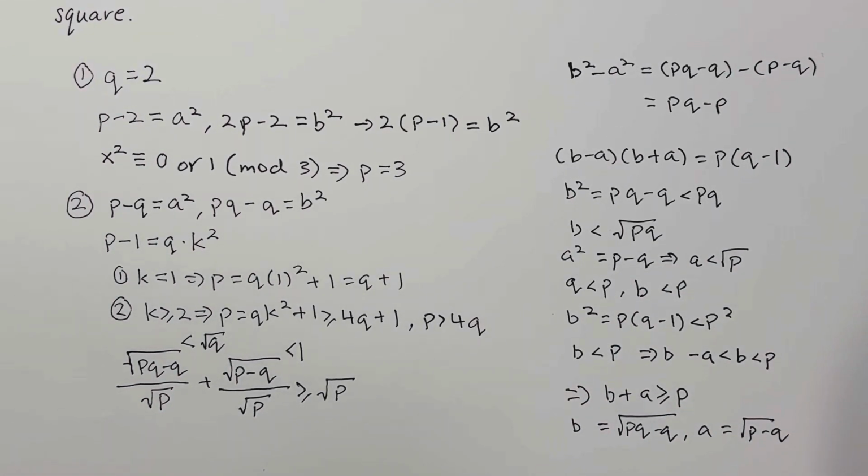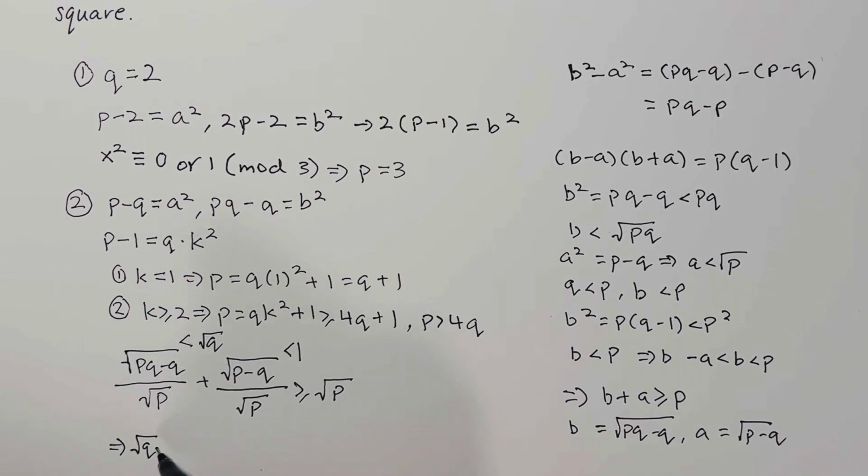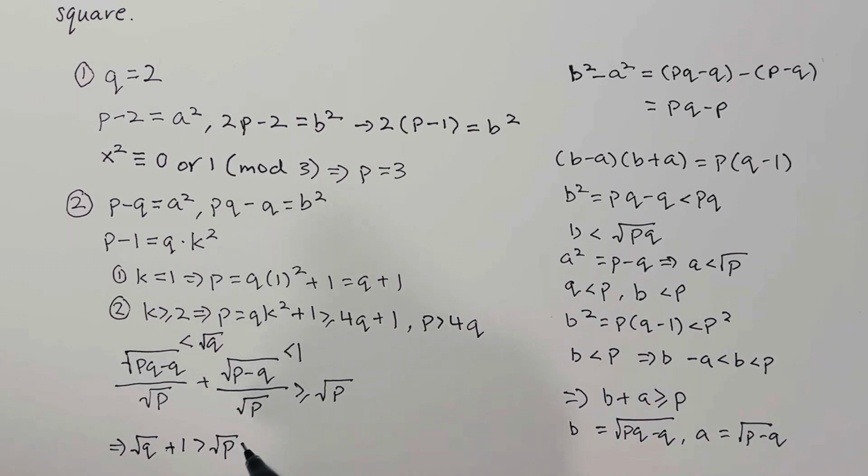So if you add them up, something less than square root q plus something less than 1 is greater than or equal to square root p. So we get the inequality that square root q plus 1 is greater than square root of p.